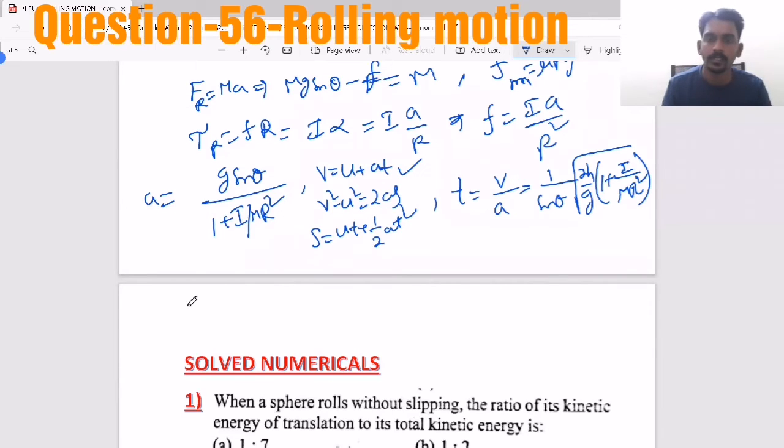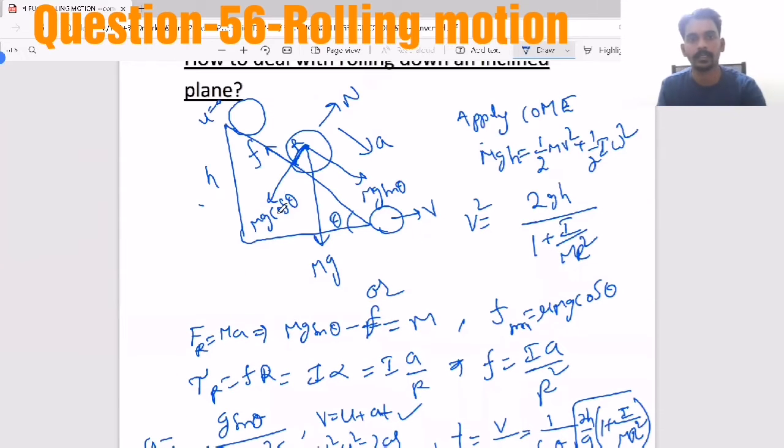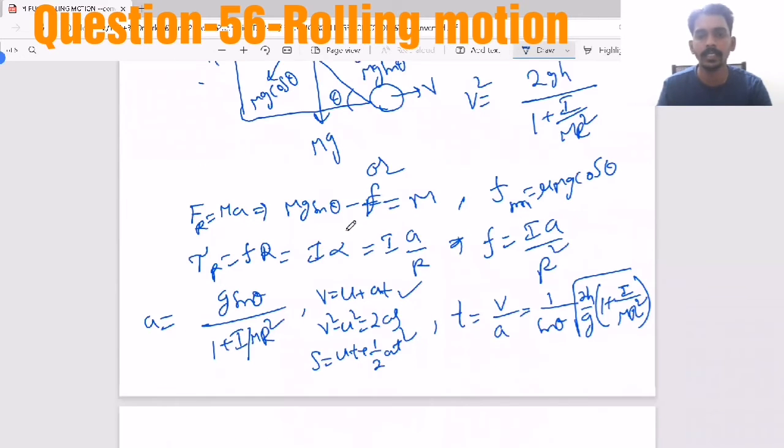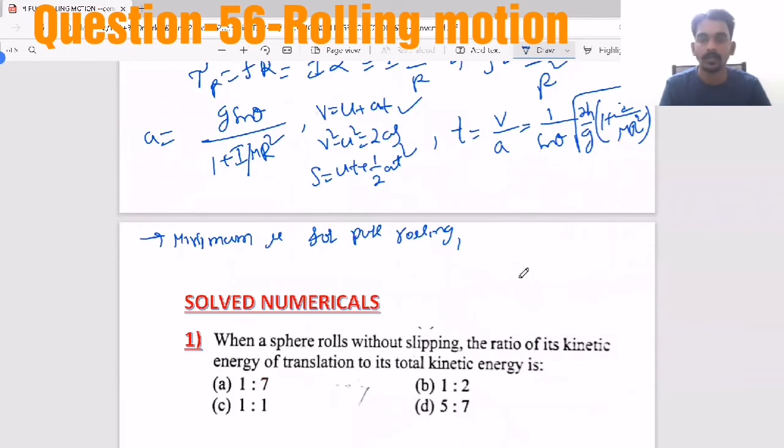Now, sometimes they will ask the minimum mu for pure rolling. That means the friction is acting upward, and mg sin theta is acting downward.